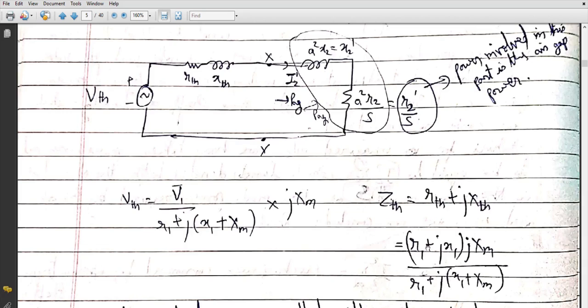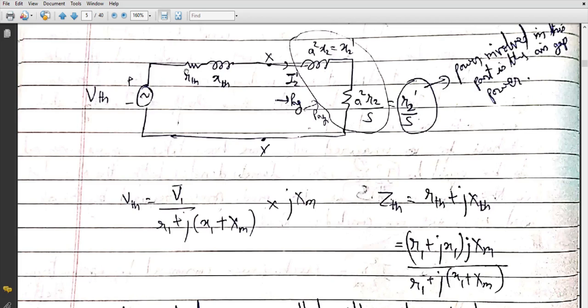Now we know that R1 is very small and JX1 is very small. So this RTH and XTH you can substitute directly with 0. So whenever they say neglect stator impedance, what all things do you need to do in this equivalent circuit? Replace this VTH directly by V1, that is the source voltage.